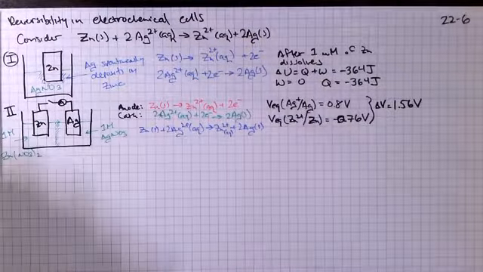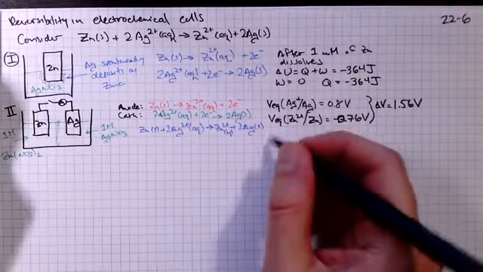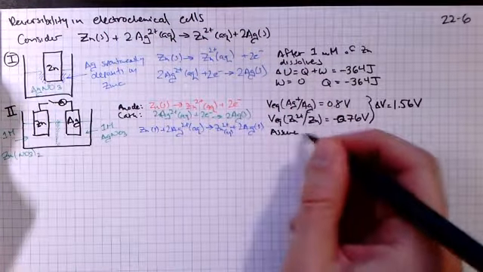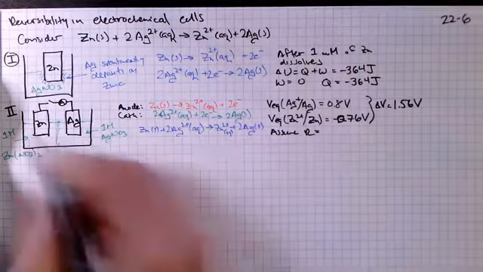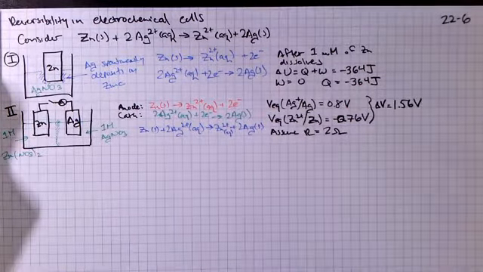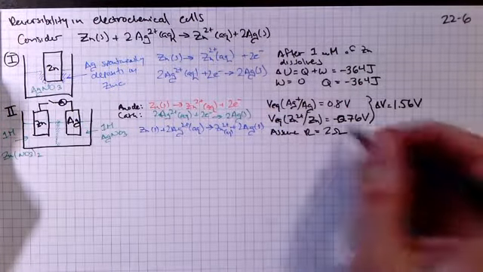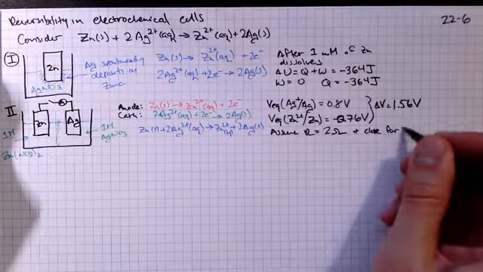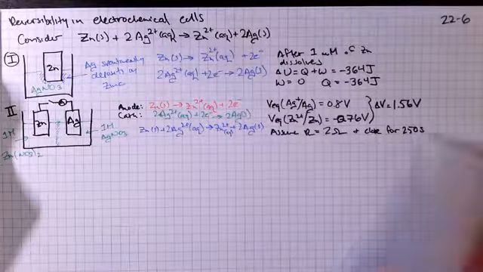Okay. So if we assume a resistance in the circuit of 2 ohms, right, then we close the switch for 250 seconds.